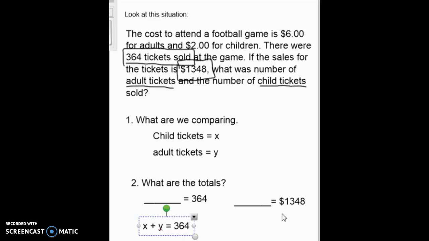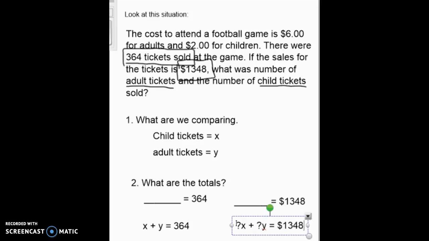Our second equation, we're trying to figure out the cost of each. So we still have the same variables. We still know that there's a certain number of child tickets sold, and there's a certain number of adult tickets sold, which will help us get to our total of $1,348.